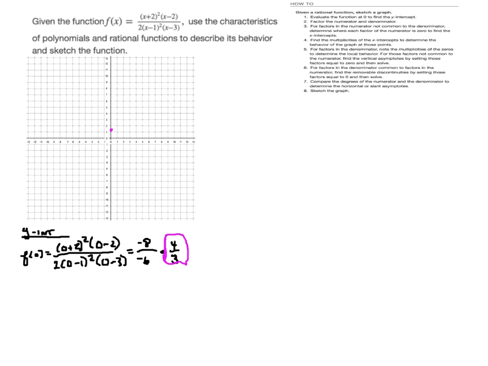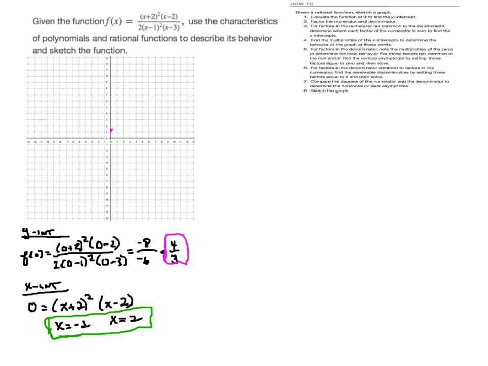So I'll go ahead and mark that. This is 1 1/3, about right here. Just above 1. All right, my x-intercepts. And I have those at 0 equals my numerator, (x plus 2) squared times (x minus 2).